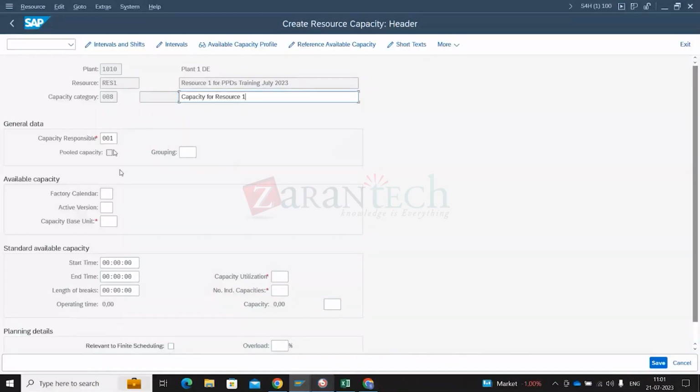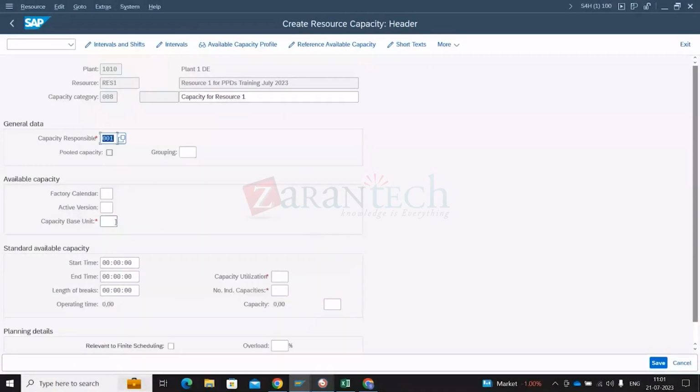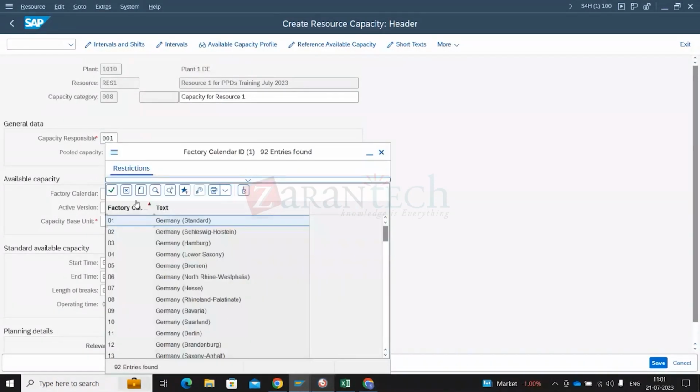So capacity for resource 1. What we do here is capacity responsible again 0001. So I would know what type of capacity it is, as in the SAP example. This is again an identifier on the PPDS side. I don't know what the factory calendar is here. This is 1010. Okay. So for the time being, I'll just say standard calendar of Germany.